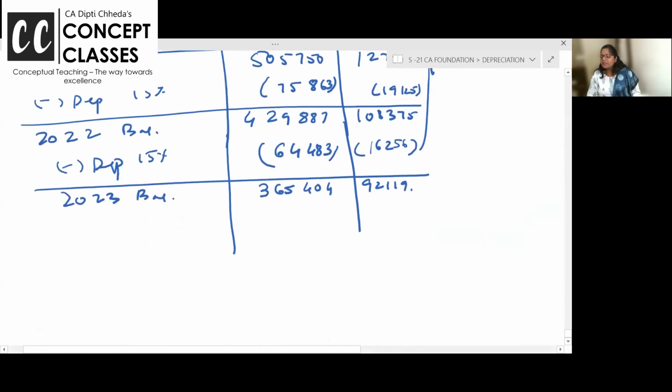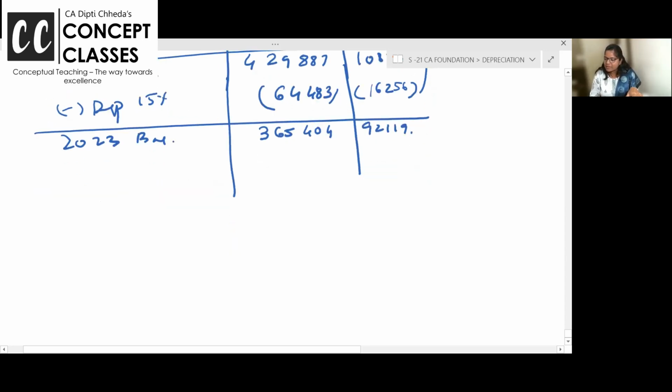Okay, so now you have decided that you are going to charge a new rate of depreciation from 23, and on this date the remaining useful life is 6 years for all the assets, and some new asset also which you have purchased. So after this we will just prepare the plant and equipment account.